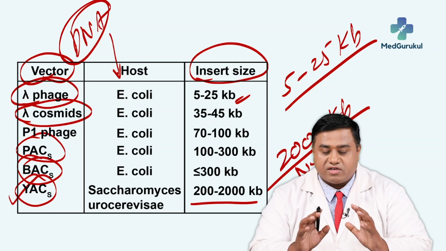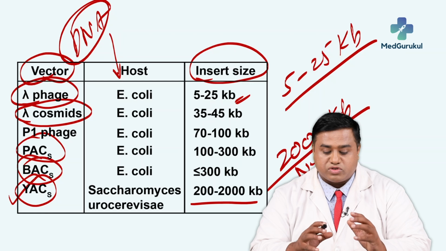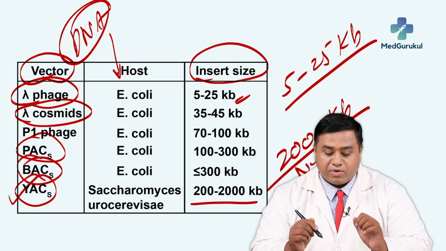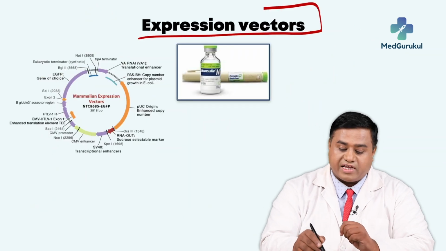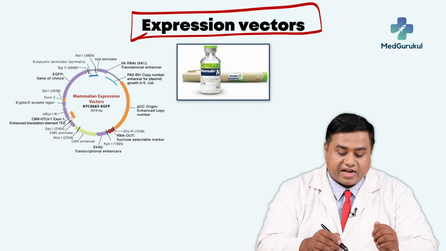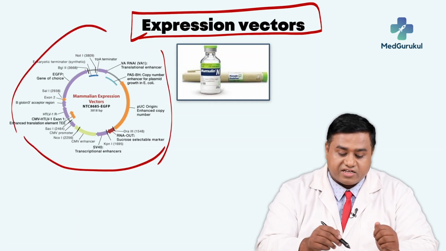So, this is about restriction enzyme and how it can be used for developing a recombinant DNA. But what is the use of recombinant DNA? Then there comes an expression vector, and here you can see there are mappings for a variety of restriction sites.